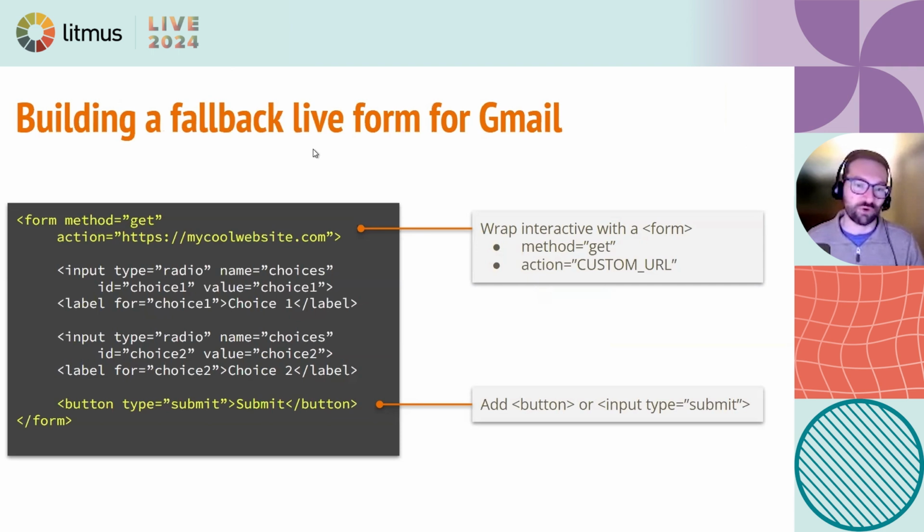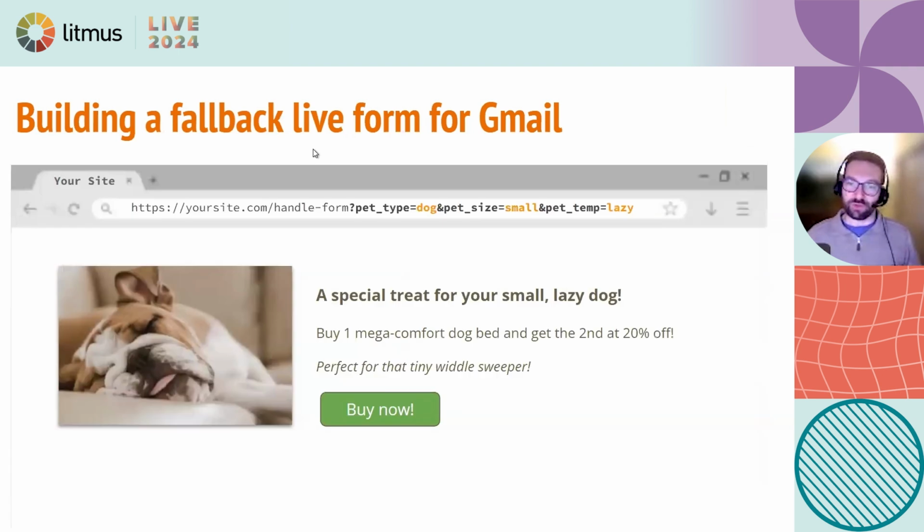You just wrap it in a form element and give it a URL and method equal get, and then you put a button at the bottom, and then they will fill out the form, or in our case, they'll just select the radio buttons and then click the submit button, and you would take them to your website with the parameters of that form in the URL. And based on what's in the URL, you would show them content on the page. If you do have control of your website in a way where you can make this work, it is a pretty cool alternative because you can just send them over to your website and hopefully they convert that way.